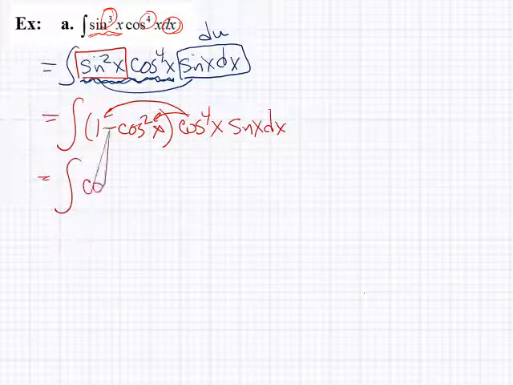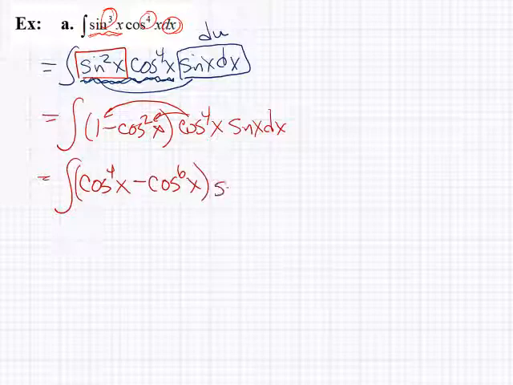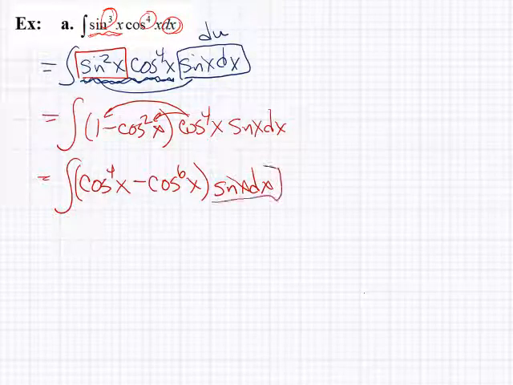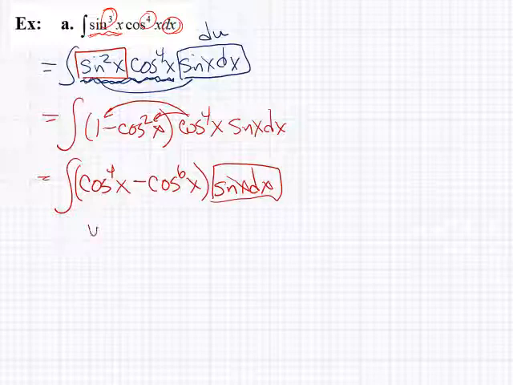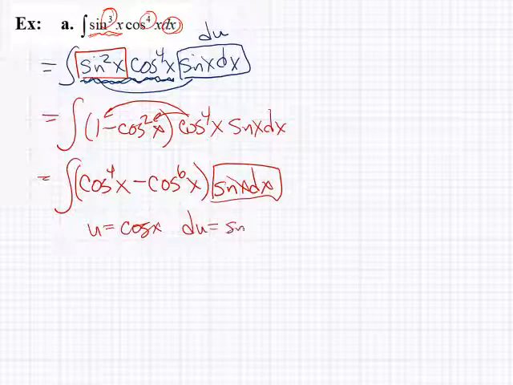So cosine to the 4th x minus, this will become cosine to the 6th x, times sine x dx. And again, I save this for the end on purpose. So now my u is cosine x, my du is sine x dx with a negative, right?